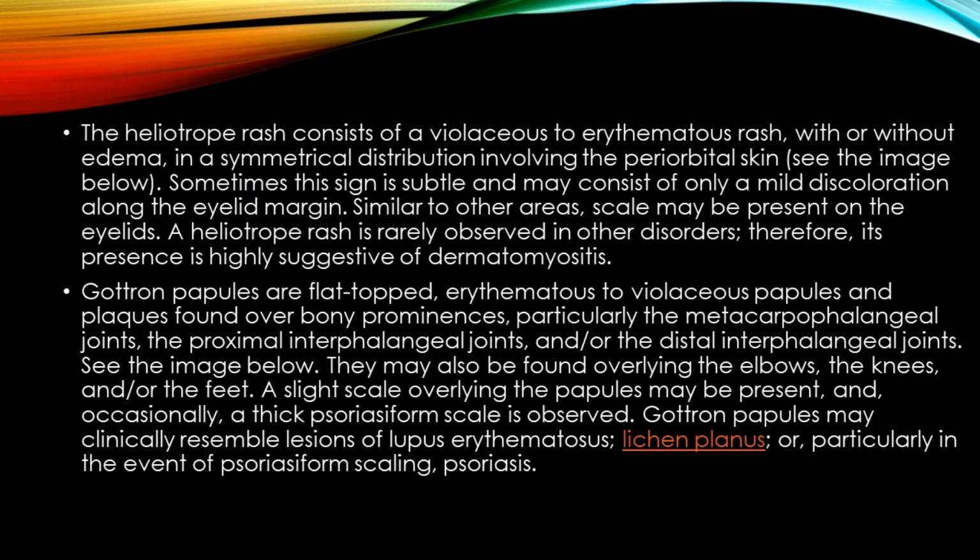A slight scale overlying the papules may be present, and occasionally a thick psoriasiform scale is observed. Gottron papules may clinically resemble lesions of lupus erythematosus, lichen planus, or, particularly in the event of psoriasiform scaling, psoriasis.